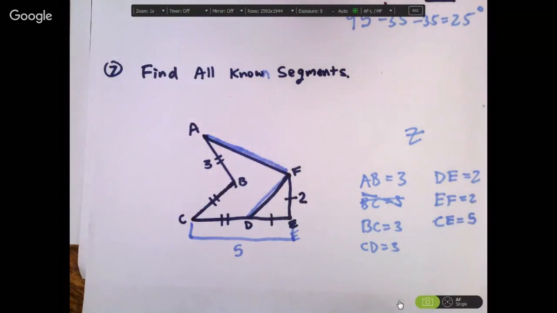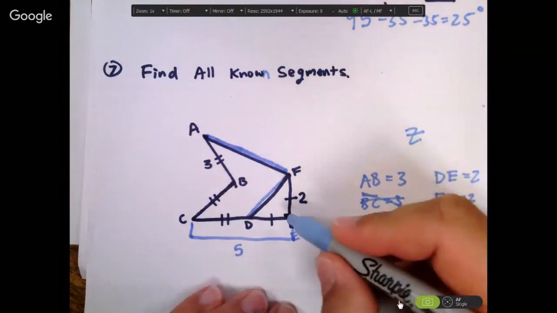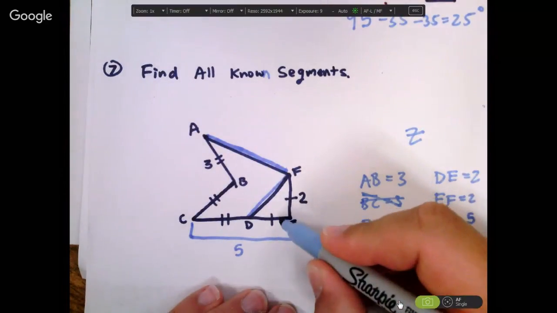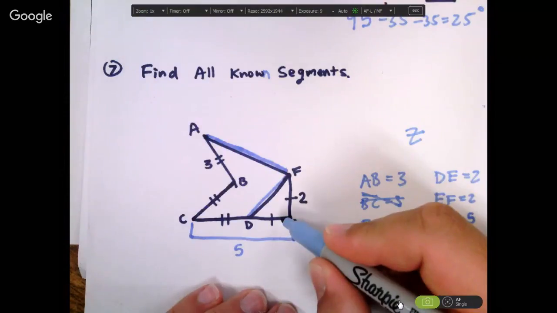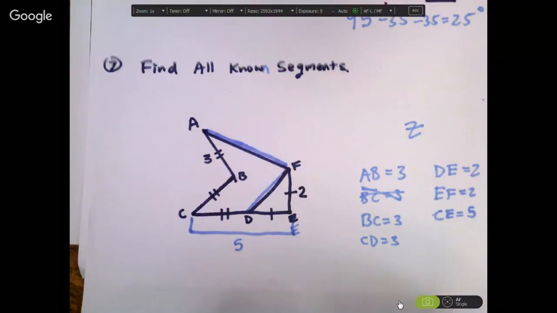Now, for half a second, I debated when I gave you these notes to make this a right angle. If I made that a right angle, then you would be able to tell me what DF was. Anyone know how? Pythagorean theorem. Yes.